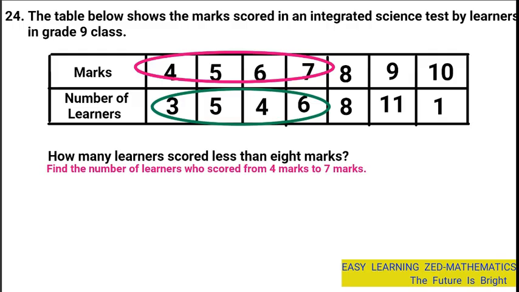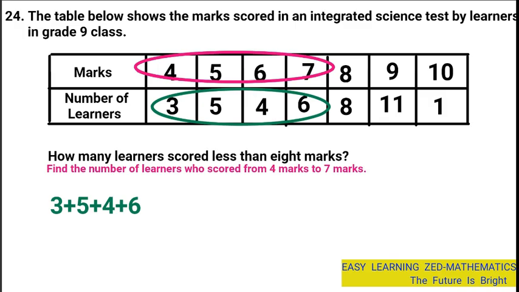We're going to get numbers in green because that is the number of learners who scored a given mark. Then how many scored 5? We can see that it's 5. How many scored 6? We can see that there are 4. How many scored 7 marks? We can see that there are 6. Those are the numbers we're going to add. We're not going to add anything from 8 up to 10.